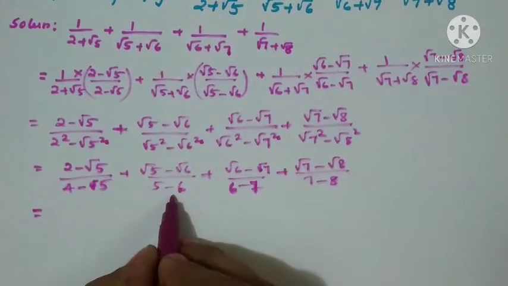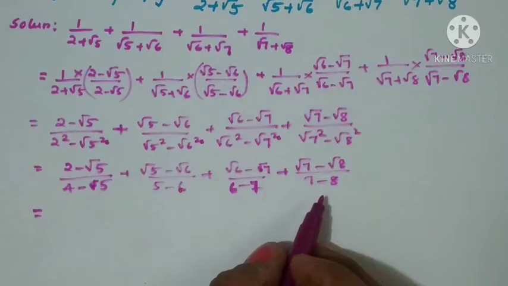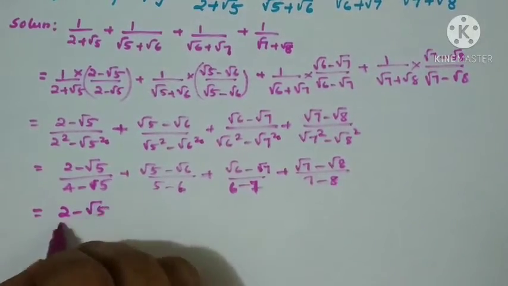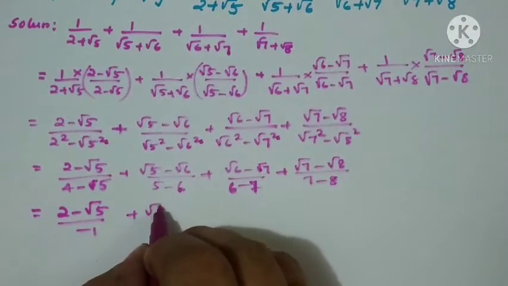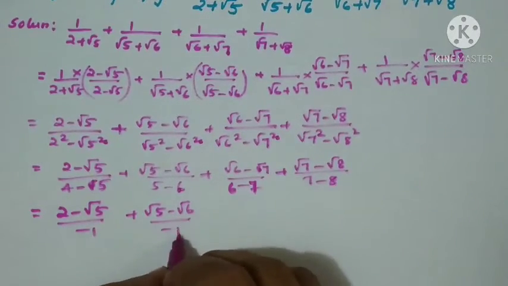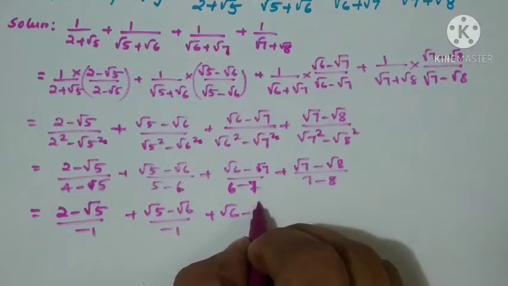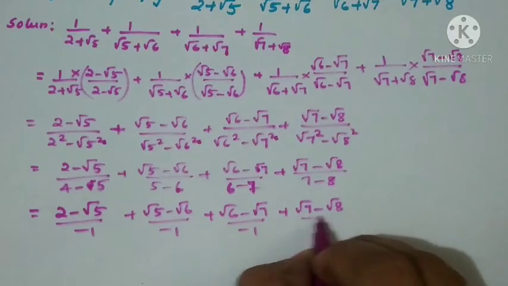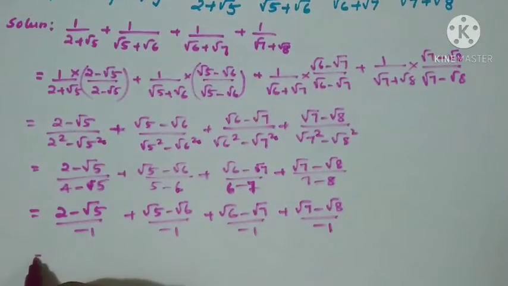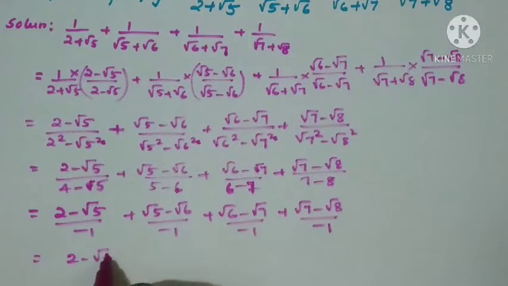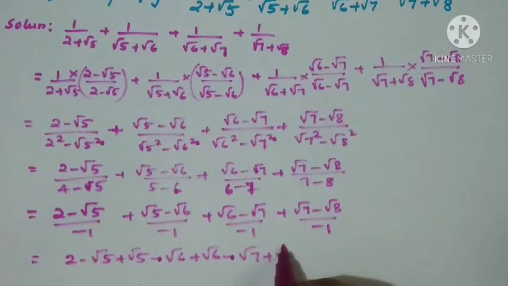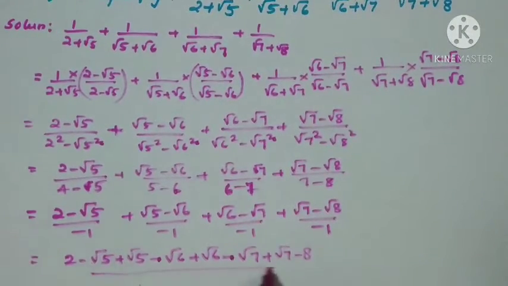So 4 minus 5, 5 minus 6, 6 minus 7, 7 minus 8 all are having minus 1 only. So 2 minus root 5 by minus 1, root 5 minus root 6 by minus 1, plus root 6 minus root 7 by minus 1, plus root 7 minus root 8 by minus 1. It's equal to 2 minus root 5 plus root 5 minus root 6 plus root 6 minus root 7 plus root 7 minus root 8, whole divided by minus 1.